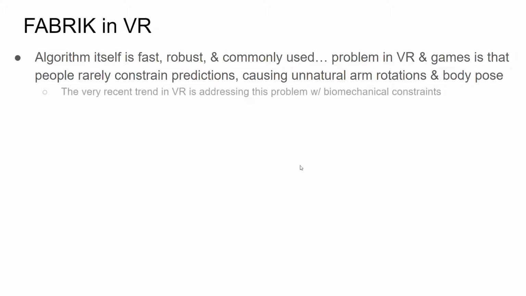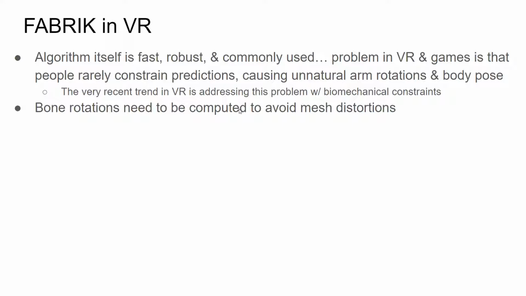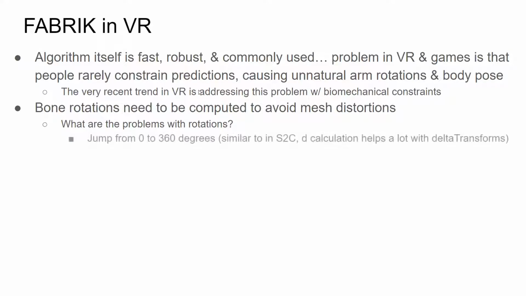So a recent trend is to use biomechanical constraints to fix this problem. And as we saw when we were talking about skeletal meshes, you do need to eventually calculate bone rotations, which is a fun thing on its own, because rotations have a lot of annoying problems associated with them.